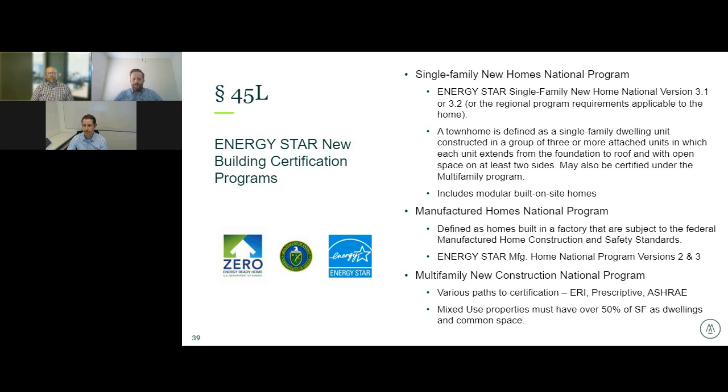So we see a lot of properties in the Pacific Northwest, California, Colorado that are constructing new projects, and they're not having to add on any special solar panels or heat pumps or geothermals or anything like that to be able to qualify for the credit. So a lot of it's based on what the R values are, what the U values are, what the HVAC units are, what the water heater looks like. A lot of those things go into determining the energy consumption for the Energy Star requirements.